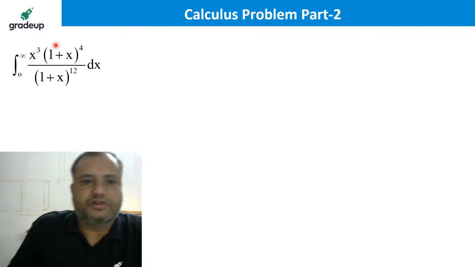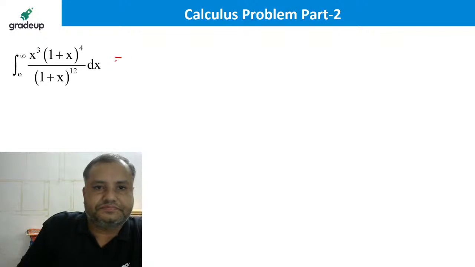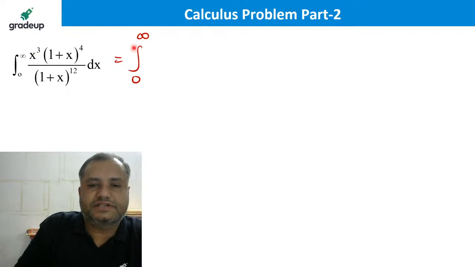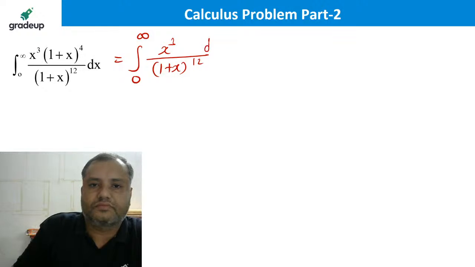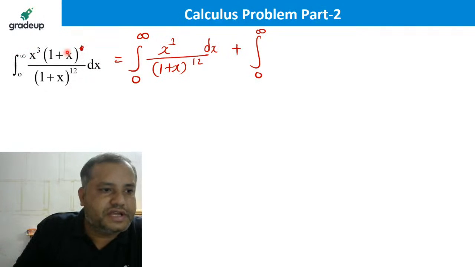Similarly, you can approach for this question. Split this integration into two parts. 0 to infinity x cube upon 1 plus x to the power 12. Then x cube into, so this 4 should be inside.